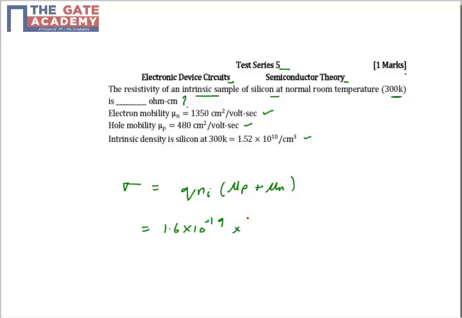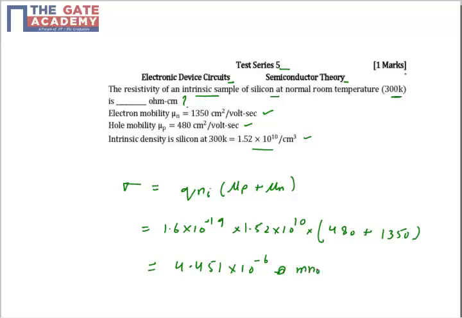Intrinsic concentration is given to you, intrinsic density of silicon is 1.52 into 10 to the power 10. Mobility of hole is given to you, 480. Mobility of electron is given to you, 1350. Okay, just do the calculation and you will get the answer as 4.51 into 10 to the power minus 6 mho per centimeter.